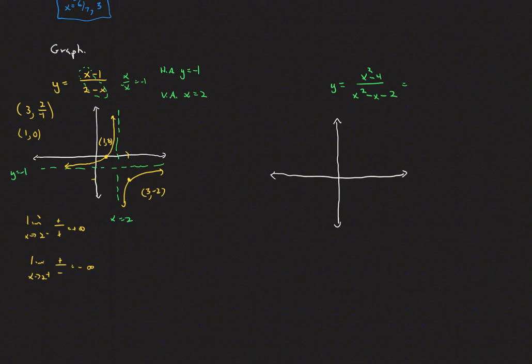On the next one, we're going to factor numerator and denominator. And so there's the numerator, and here is the denominator. We see that we're going to cancel the x minus 2's. That tells us there's a hole at x equals 2. That's the last thing we're going to plug in.